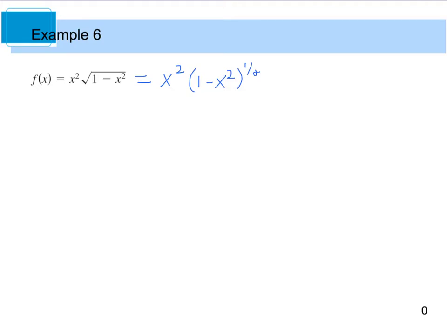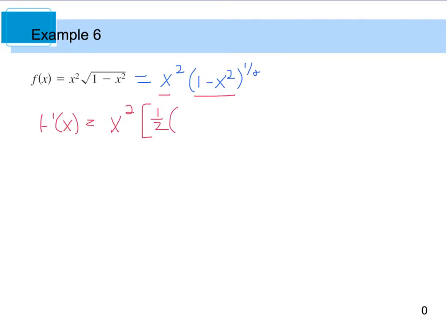Now when I go to do my derivative, or f prime of x, I see that I have a product rule of x squared and then the quantity of 1 minus x squared raised to the 1/2 power. So I'm going to take the first and multiply it by the derivative of my second. For the derivative of my second, I am going to have to apply the chain rule. So I'm going to pull that 1/2 down up front.